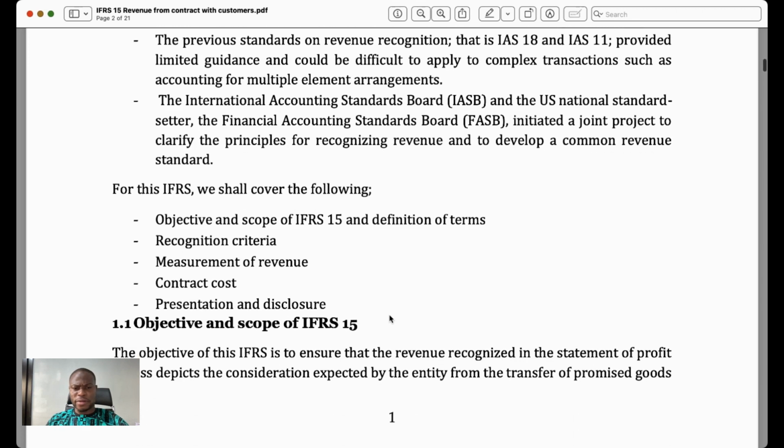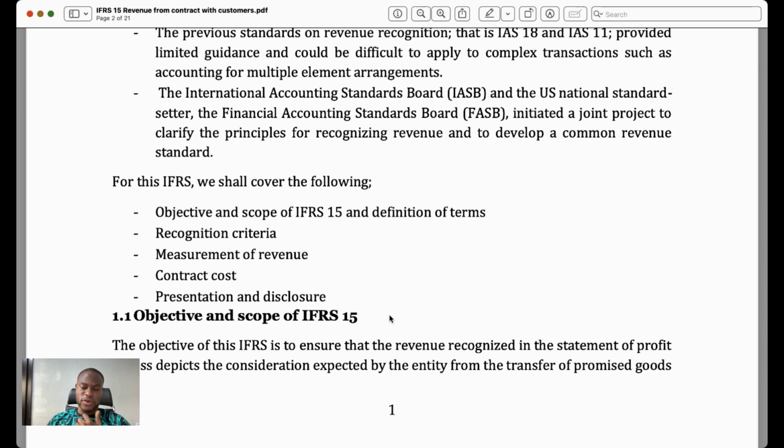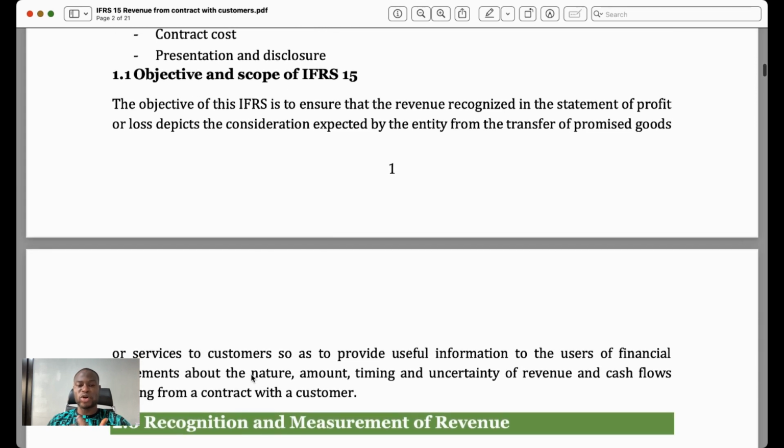So, what's the objective of this standard, IFRS 15? The objective is to ensure that whatever amount is recognized as revenue must depict or represent the consideration expected by the entity from the transfer of promised goods or services.